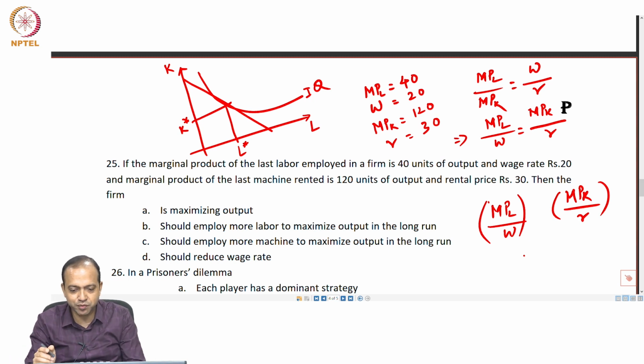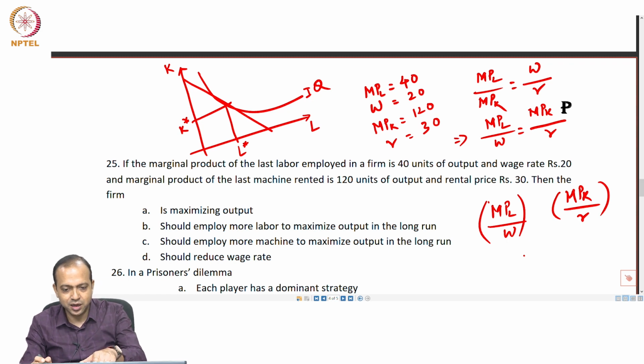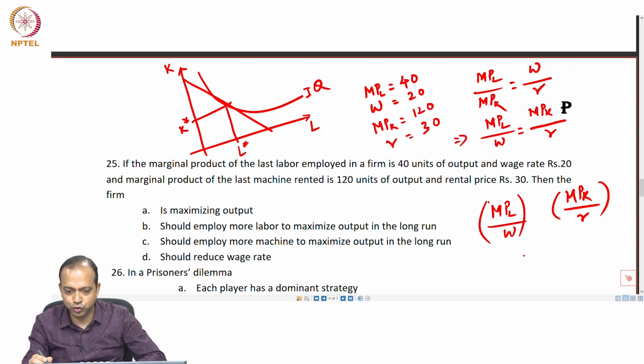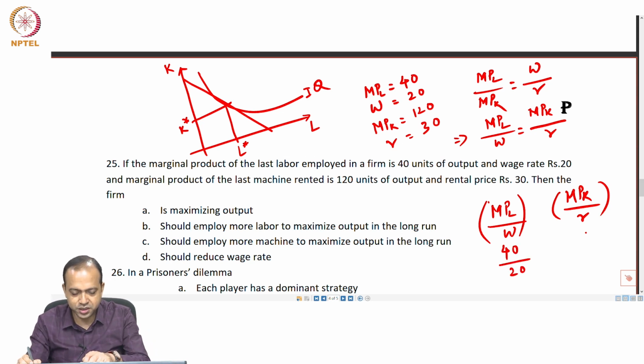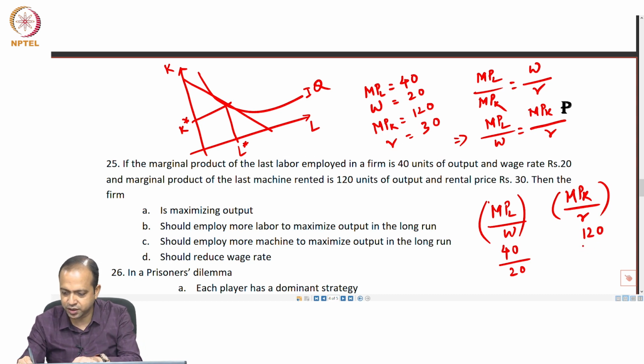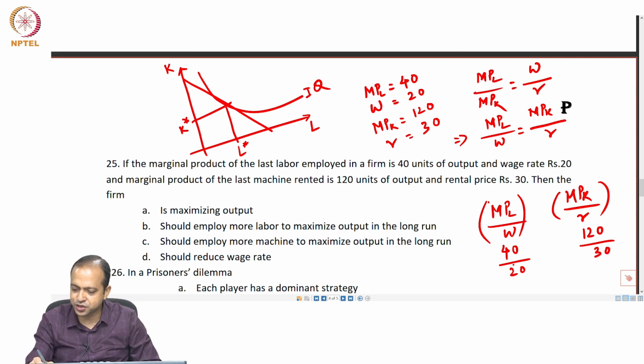Look at the information given, MPL is 40, W is 20. So, you put 40 and 20 here. This is 120 and this is 30. So, obviously, we can see that this is 2, this is 4. So, this is greater than this.